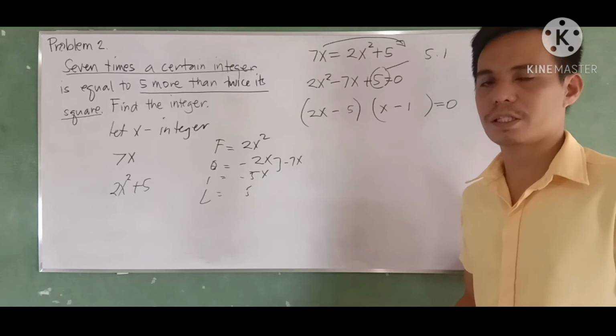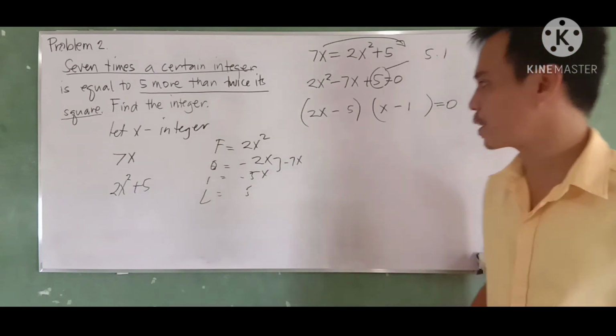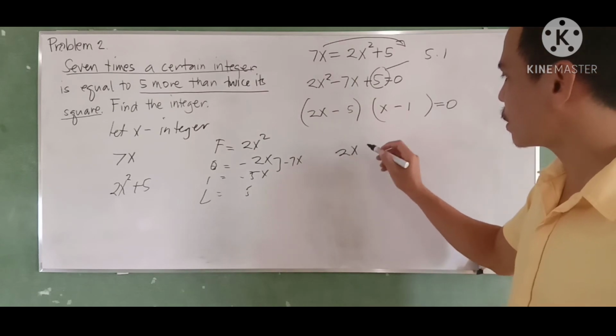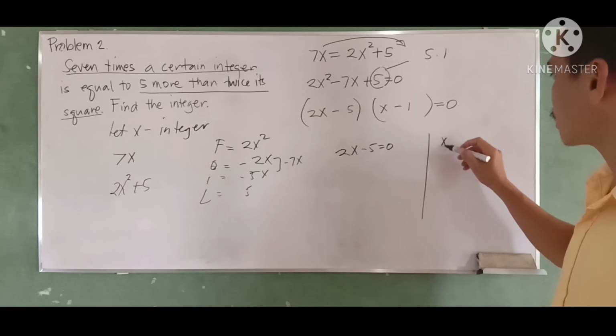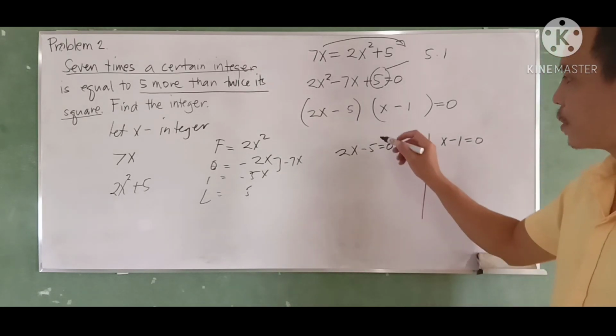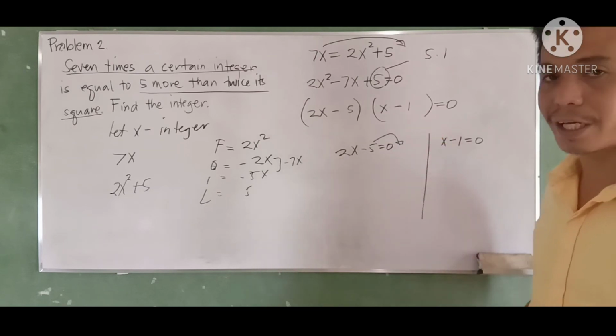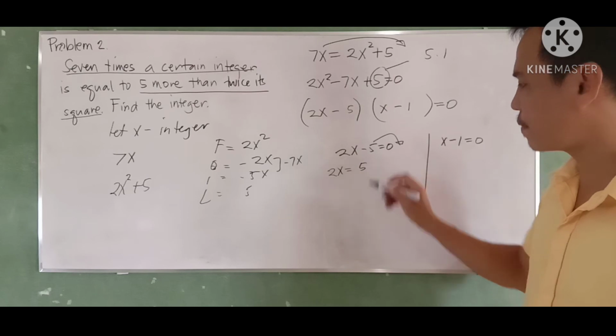So solve is to equate to 0 and solve separately. So this is 2x minus 5 is equal to 0. And the other is x minus 1 is equal to 0. So therefore, transpose your negative 5 to the other side. We have 2x is equal to positive 5.